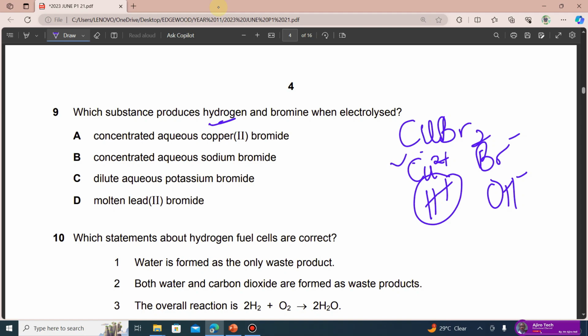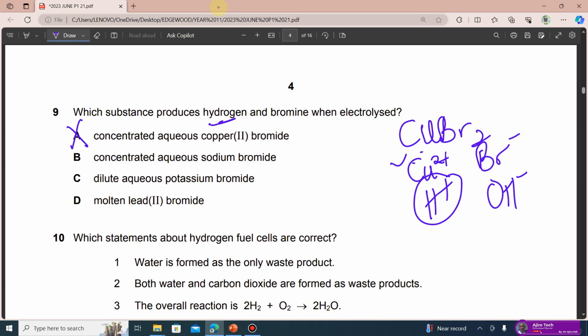If you look at the reactivity series, hydrogen remains in the solution while copper is deposited at the cathode. So anything that contains copper is off, because in option A it is copper that is deposited at the cathode, not hydrogen.